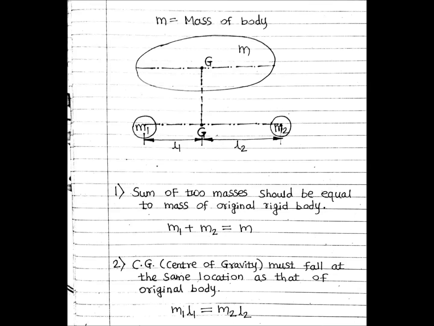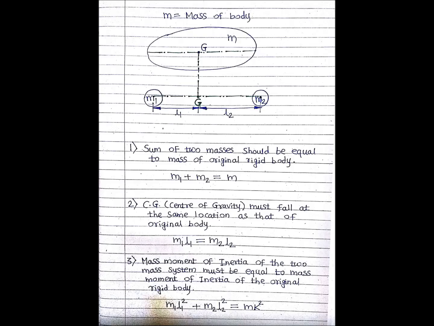So the mass moment of inertia of the two mass system will be m1 l1 square plus m2 l2 square, and it should be equal to mk square.